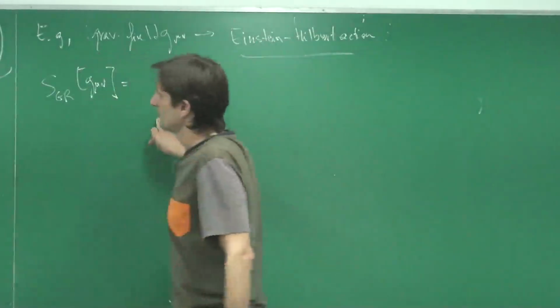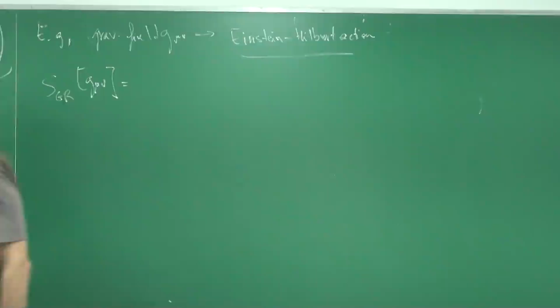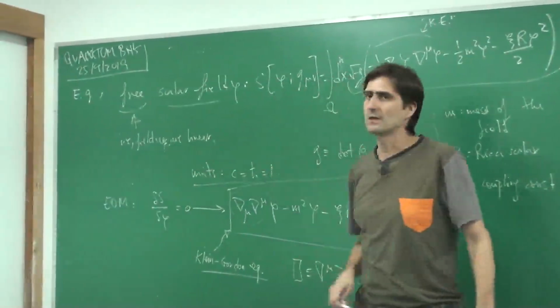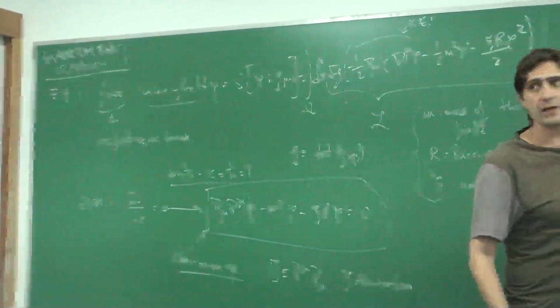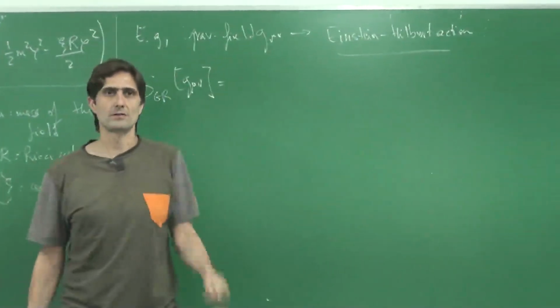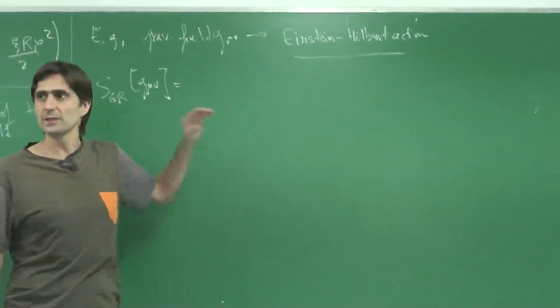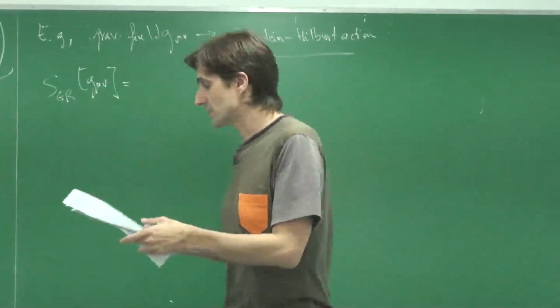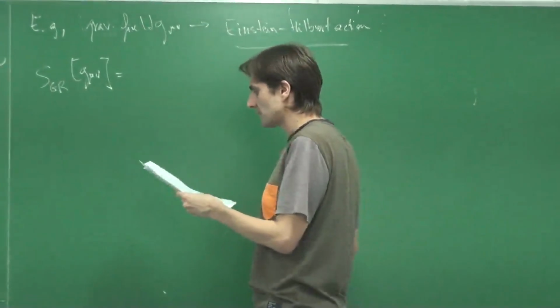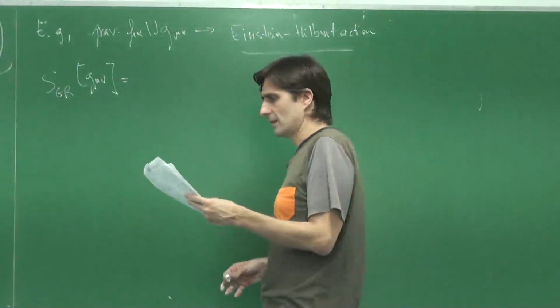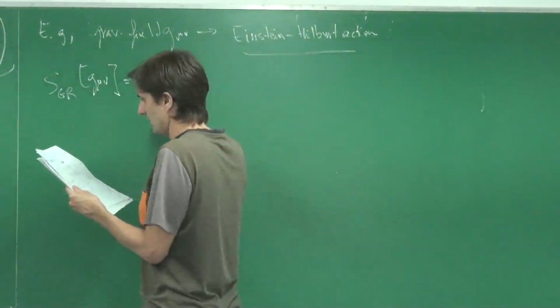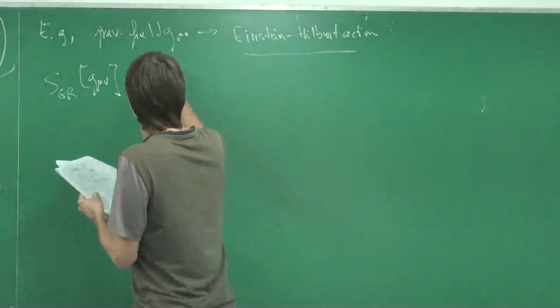Throughout the course, we're going to have these units. Just in honor of GR, just for this little bit, I'm going to reintroduce the units. I'm going to reintroduce c and G, and later on we'll get rid of them. So, the Einstein-Hilbert action, c cubed.